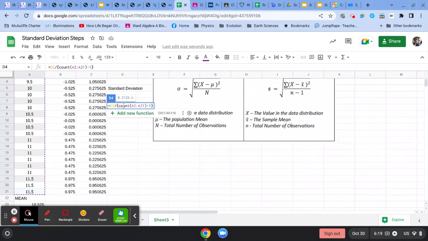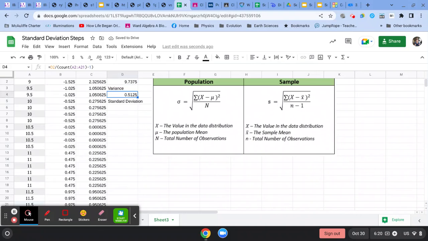That says the count minus 1 is my denominator. Without these parentheses, I'd be doing D2, my sum of squared deviations, divided by my count, and then subtracting 1 from all of that, which I don't want to do. I want n minus 1 in the denominator. So I hit enter, and I've got my variance.